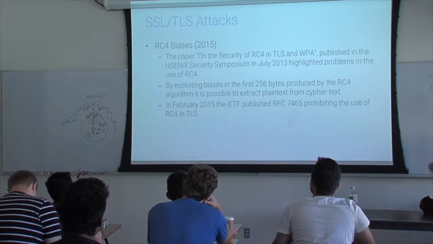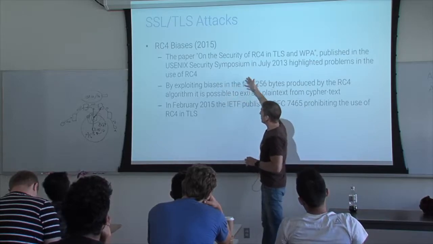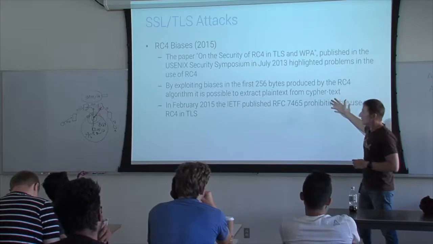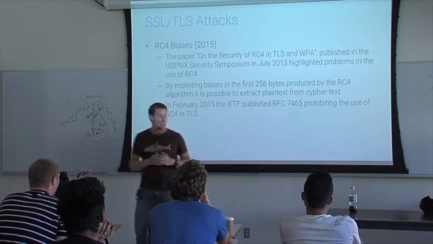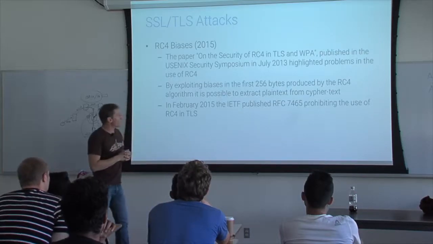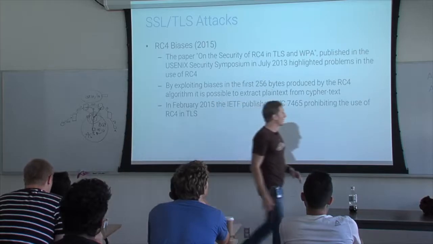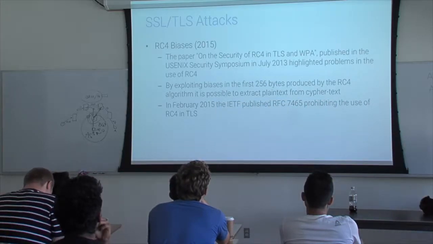Of course, there were also RC4 biases, presented at the USENIX Security Symposium, showing all sorts of problems with RC4 that we also saw in WPA, and in 2015 the IETF said, stop using RC4 in TLS. That thing is completely broken.